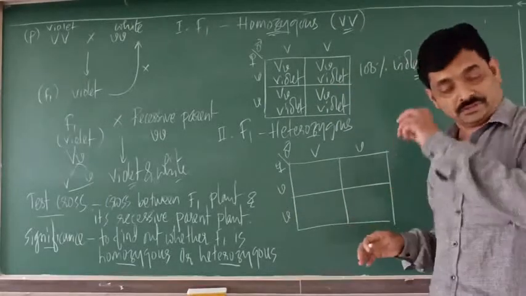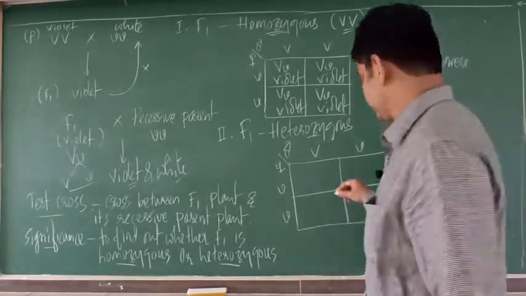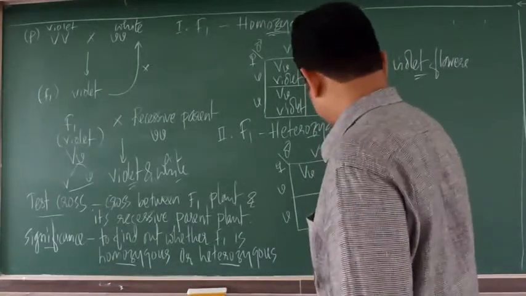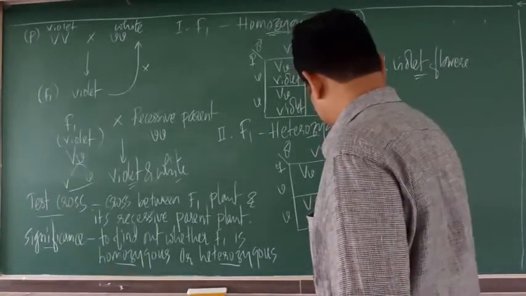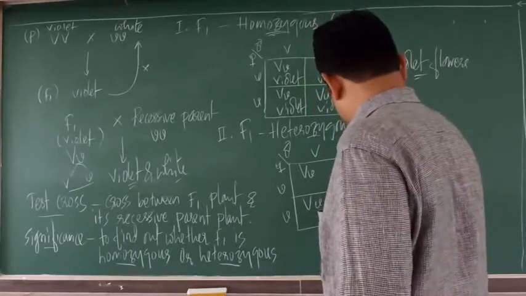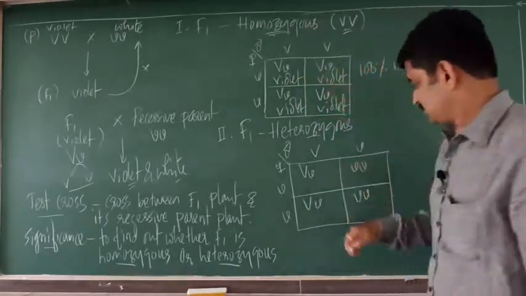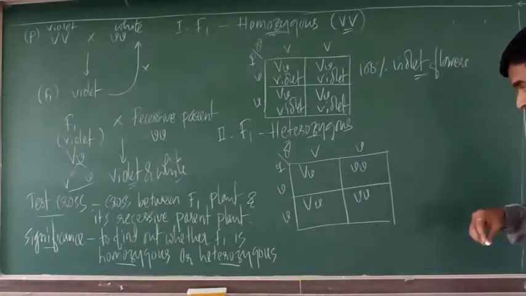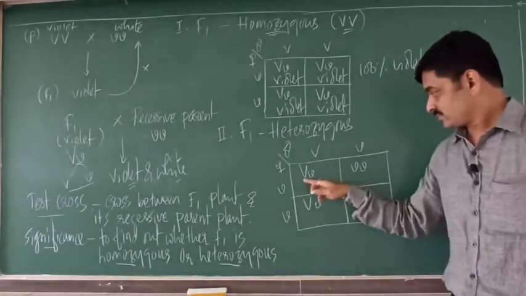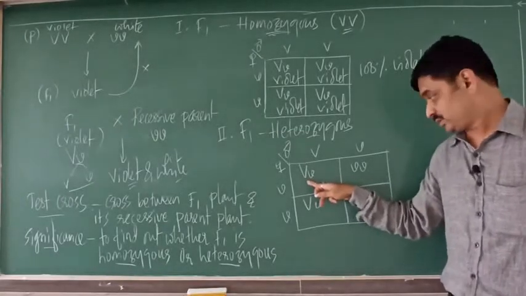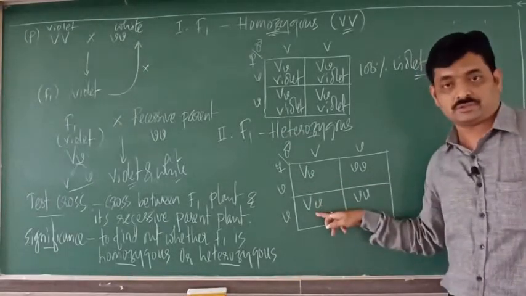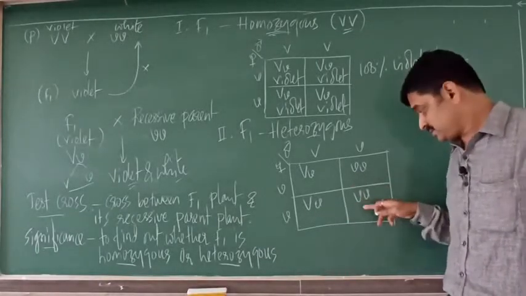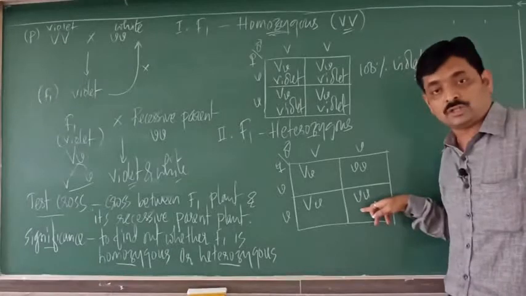Now fuse these gametes to obtain the genotypes. Like this, you will find something like this. Now if you observe the genotypes of the offsprings, this is heterozygous condition, even this is heterozygous condition. Here it is homozygous, both are recessive genes. This is also homozygous, both are recessive genes.